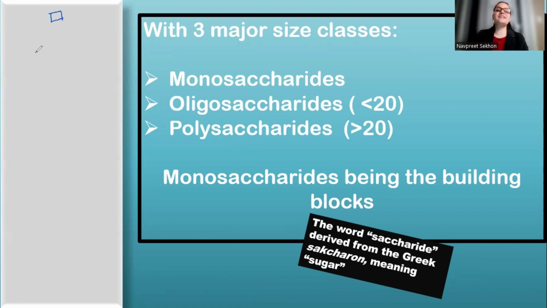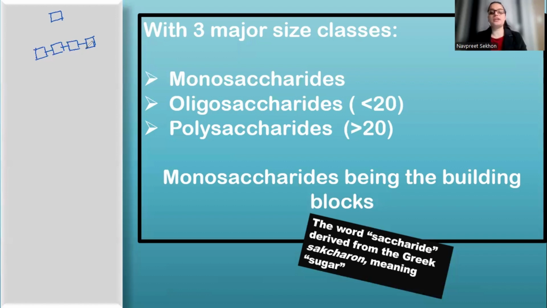Now, oligosaccharides: these monosaccharides have the ability to form bonds among themselves and to form chains. These chains may be branched or unbranched. It can be anything, right? If this chain is composed of 20 or fewer monosaccharide units, that carbohydrate is called an oligosaccharide.